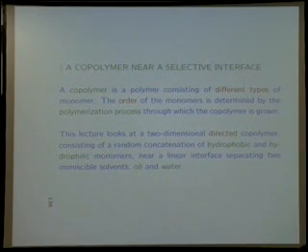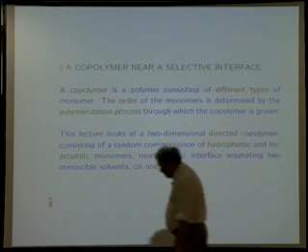What we're going to do in this lecture is consider a copolymer that consists of a random concatenation of two types of monomers, monomers that are hydrophobic and monomers that are hydrophilic. So monomers that do not like to be in water and monomers that do like to be in water. They will be organized in a random manner.